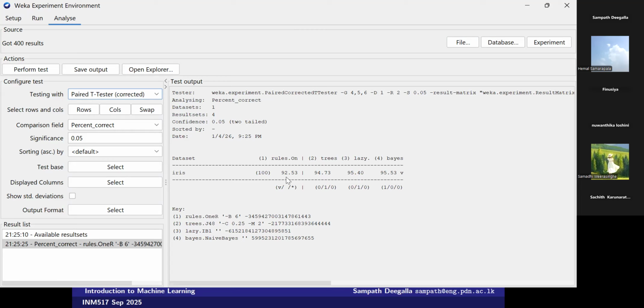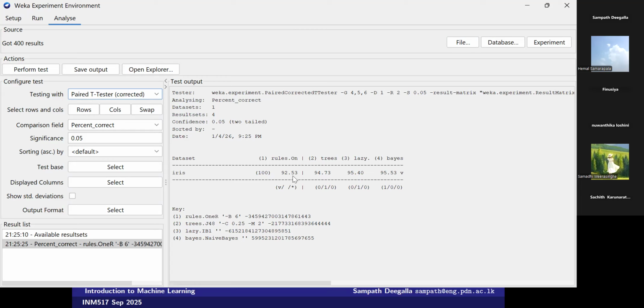Initial accuracy is about 92%. Trees, it's about 94. Nearest neighbor, it's 95. Naive Bayes, it's about 95.5. This will indicate the best and worst cases.